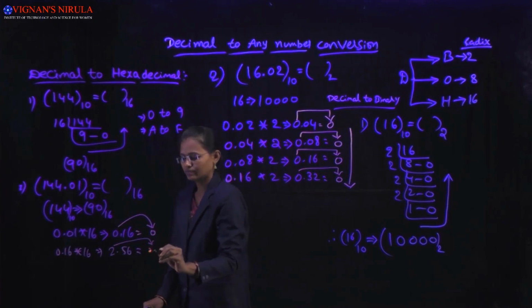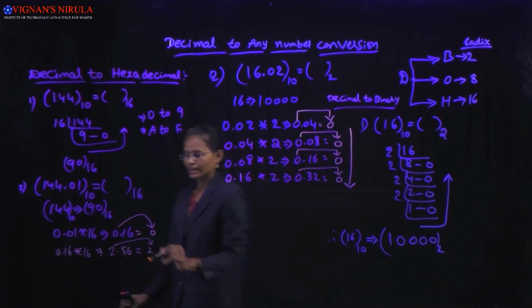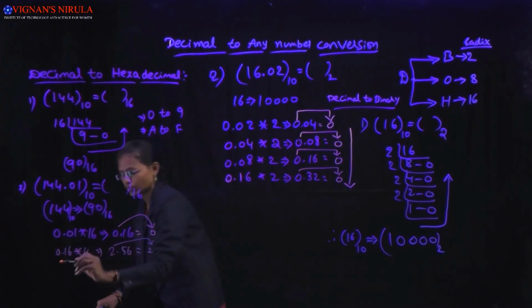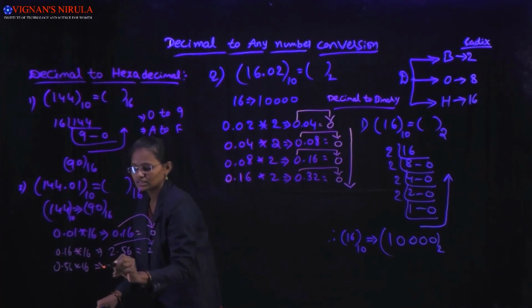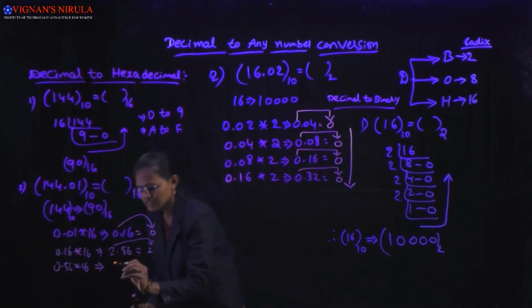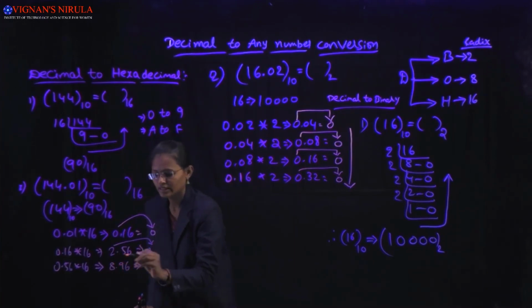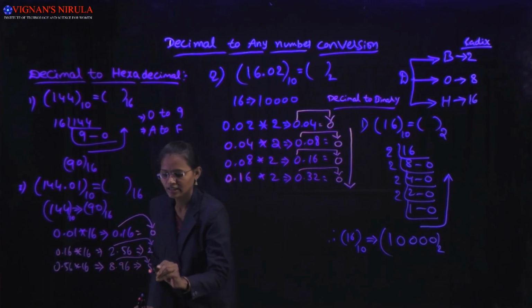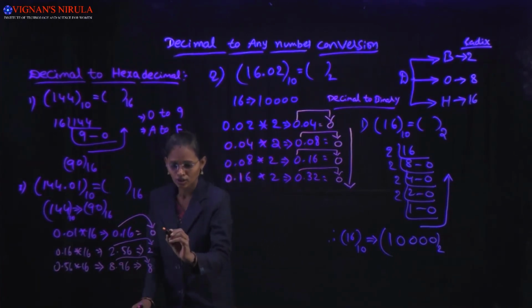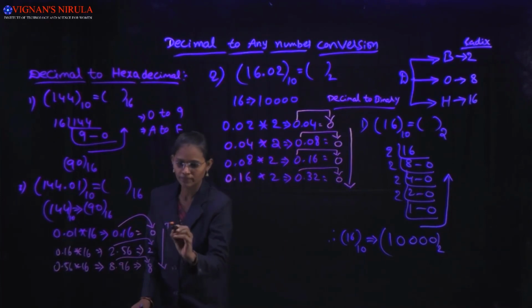Next 0.56 into 16 is 8.96. Here 8 is written. And here you write from top to bottom.